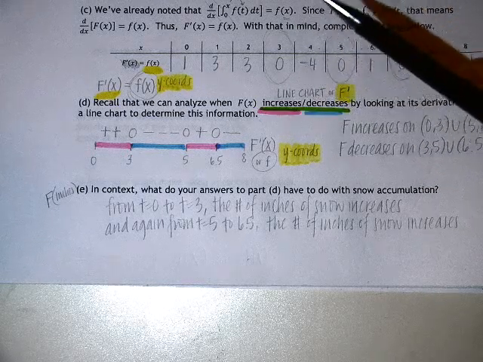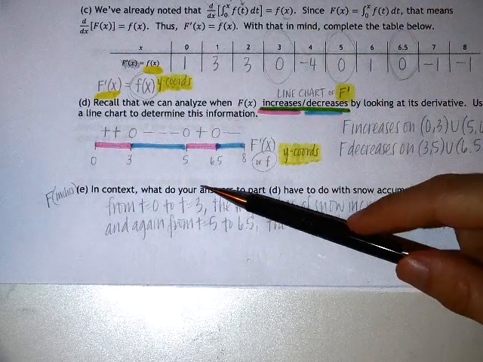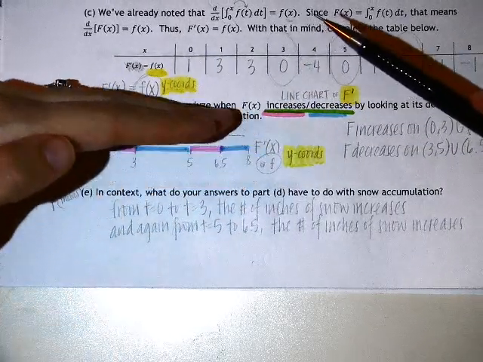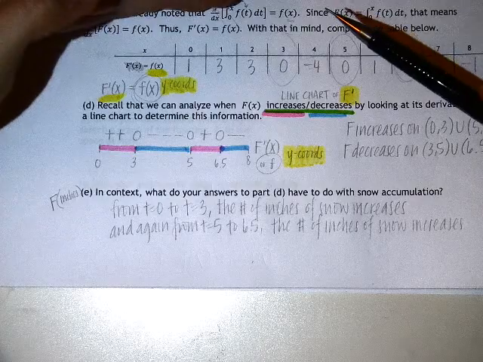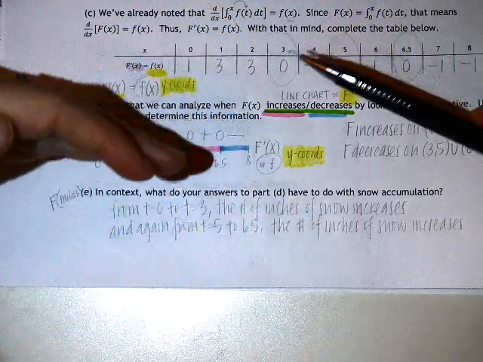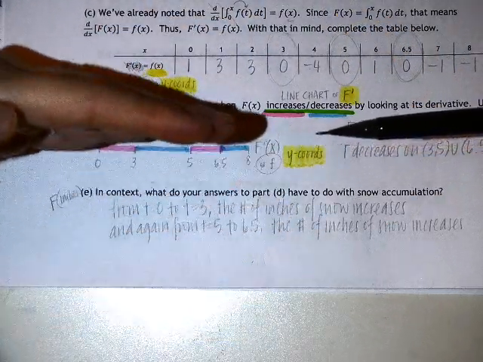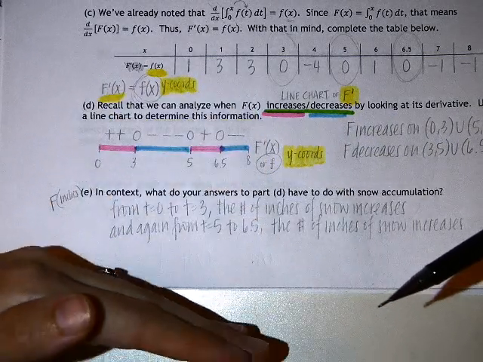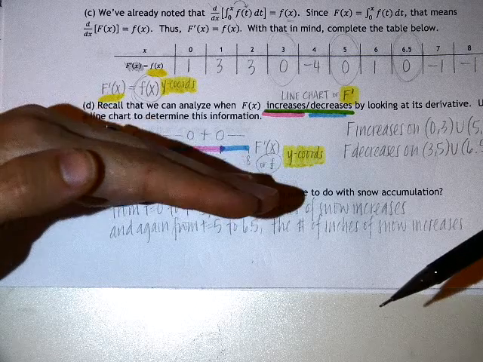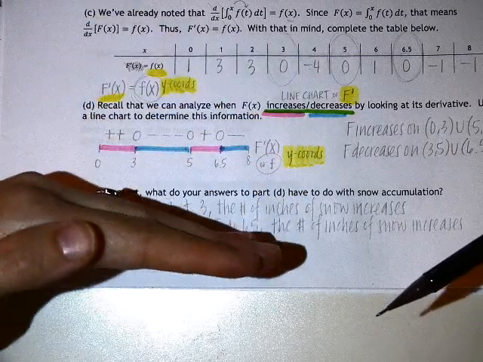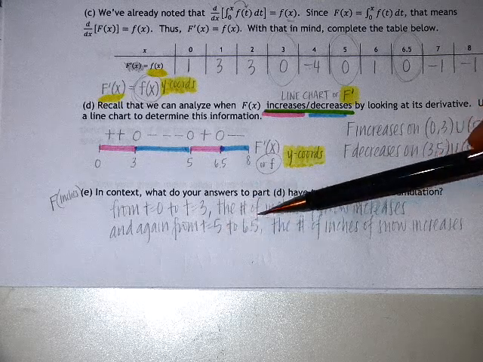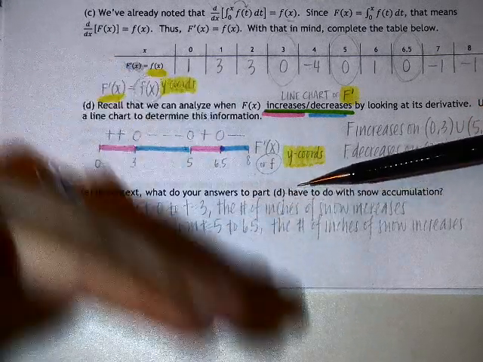If you stared out the window from time 0 to time 3, you would be seeing the number of inches of snow slowly pile up and pile up and pile up. For that first 3 hours, the total number of inches of a pile of snow is going to increase and increase and increase. That total number of inches is going to make the snowfall pile up. Again, from time 5 to time 6.5, it's going to happen.